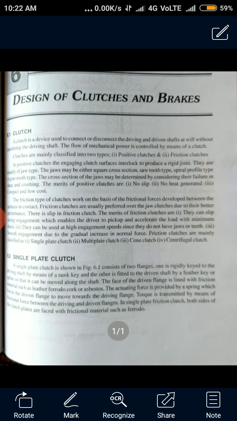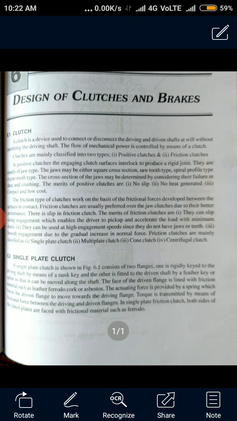So first, to start with, the design of clutches. You know where the clutch is used. When you are riding a vehicle, whether it is a two-wheeler or a four-wheeler, you want to change the speed of the vehicle. Either you can increase the speed or you can decrease the speed. You know that you can increase or decrease the speed of the vehicle by means of gears. How do the gears work? By means of clutches.